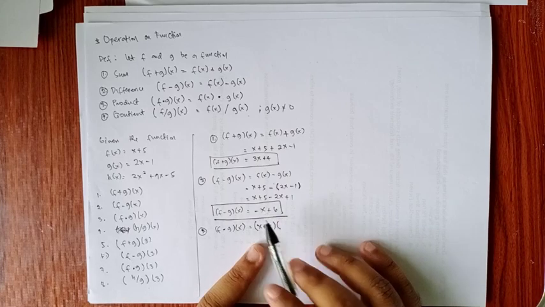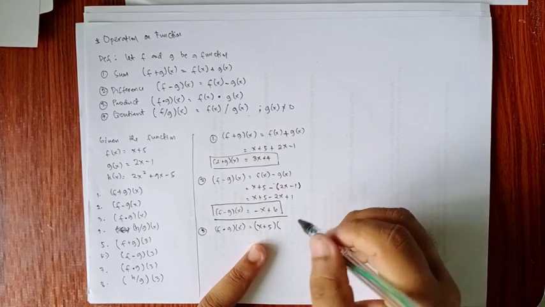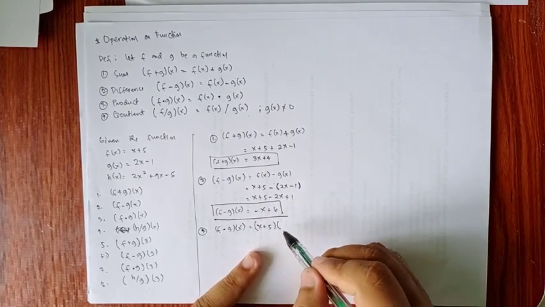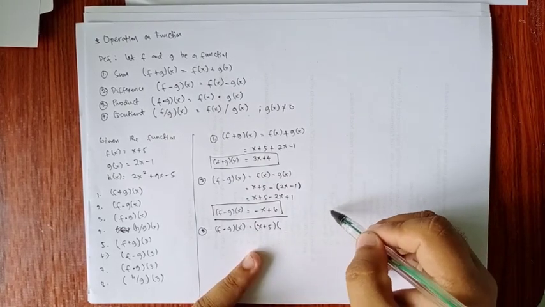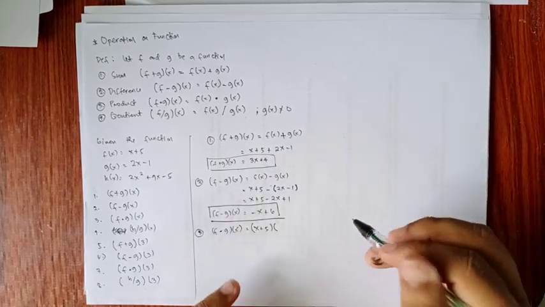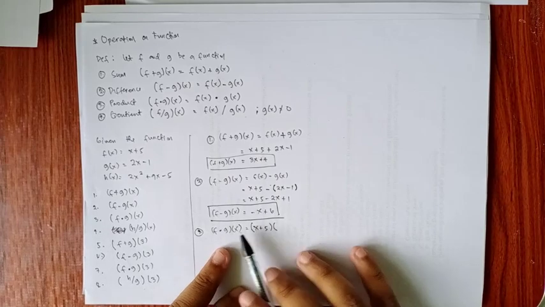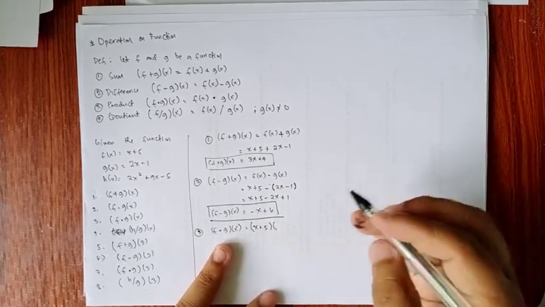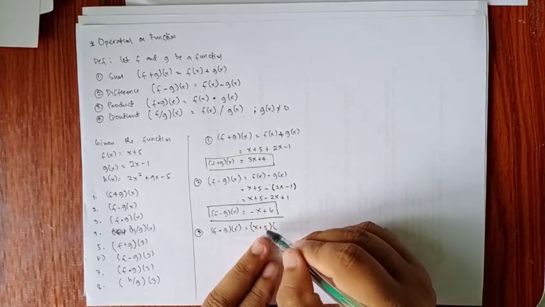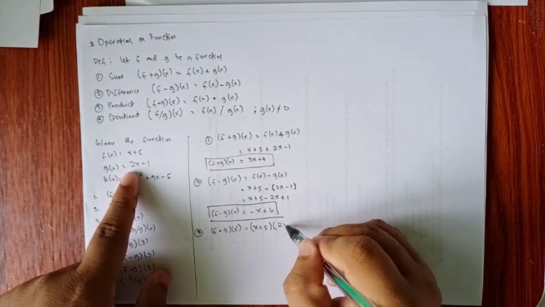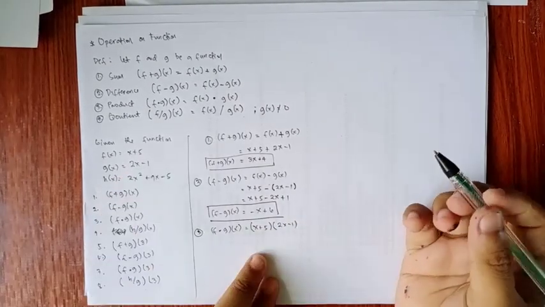Malilito yung students natin. Also, ayaw kong gumamit ng dot. So instead na dot tapos yung x para sa multiplication, ginagamit natin dito is parentheses. So x plus 5 times yung g of x natin, ito, 2x negative 1.